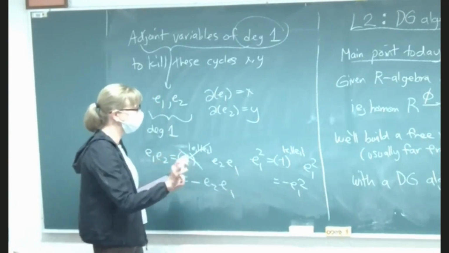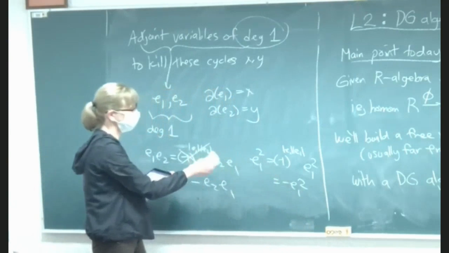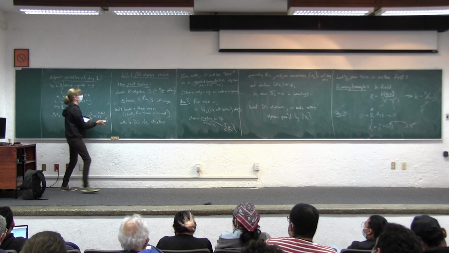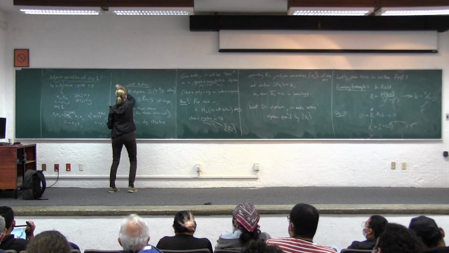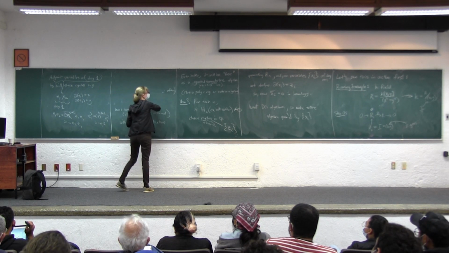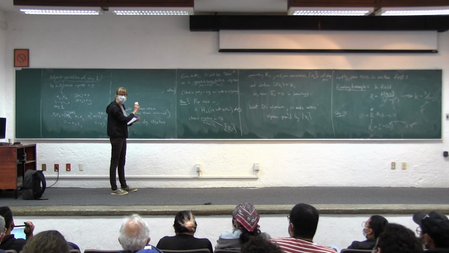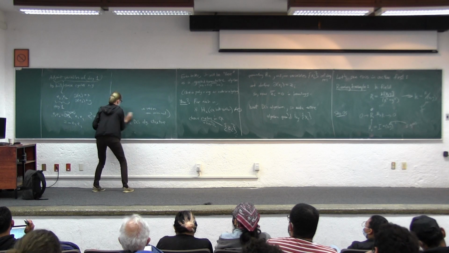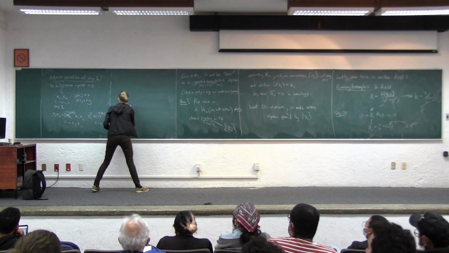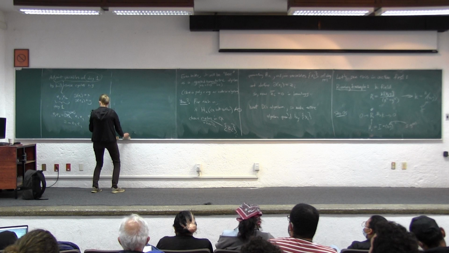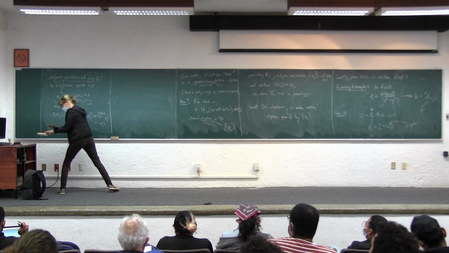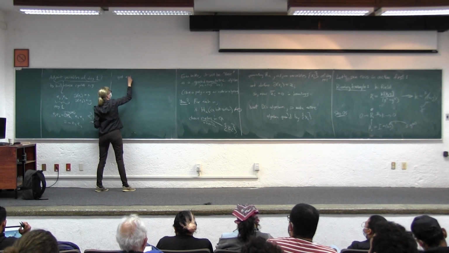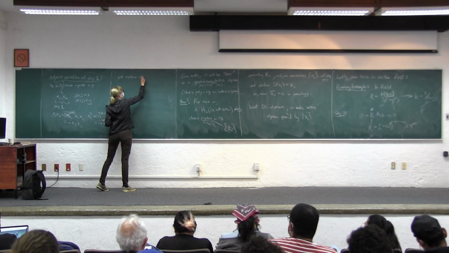Actually, it's not just that we want it to be commutative, we force the squares to be 0 in characteristic 2. So anyway, what kind of an algebra do we get? Exterior. Okay, so this is an exterior algebra.